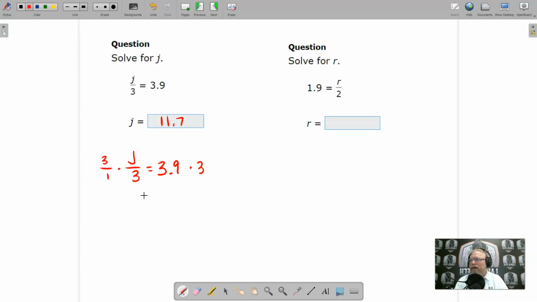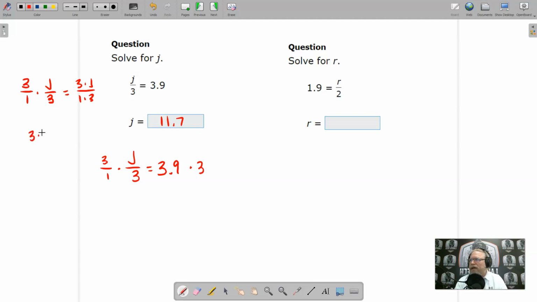Now, the reason we end up with just J by itself, I'm going to do it up over here on the side. 3 over 1 times J over 3. This would equal 3 times J and 1 times 3. Well, now, in the denominator, I'm going to switch the positioning of the 1 and the 3, commutative property of multiplication.